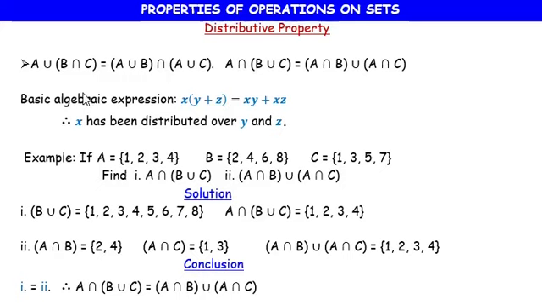Let's try to understand this from the standpoint of algebraic expression. With the algebraic expression, the operation that was separating the x from the bracket was multiplication, and that was the same operation that we used to pair the x with the two elements in the bracket. So we used multiplication to pair x with y, and we had x times y, which is xy.